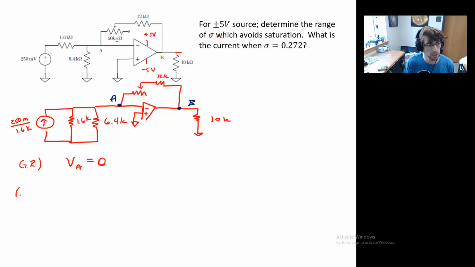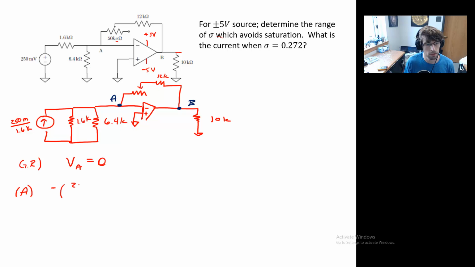Now, if we consider node A and we want to apply the node voltage method, notice the current supply is going into A. And so this is one of the rare cases where we would put that negative sign in there.